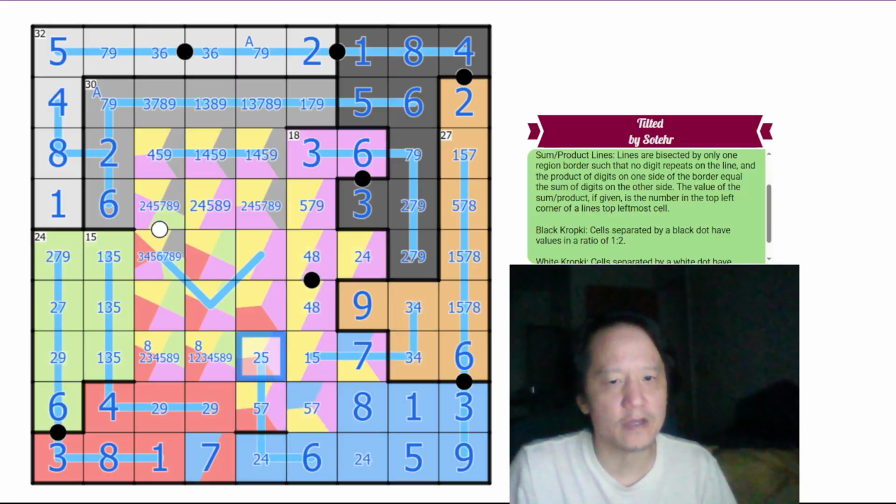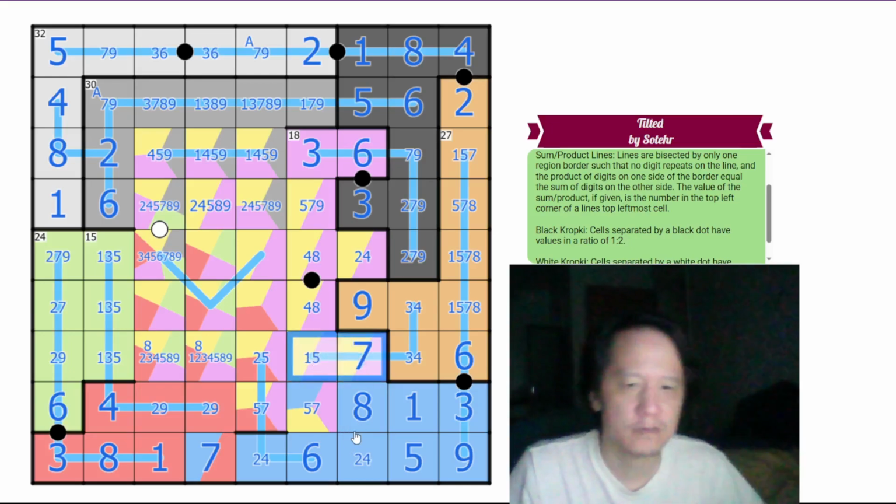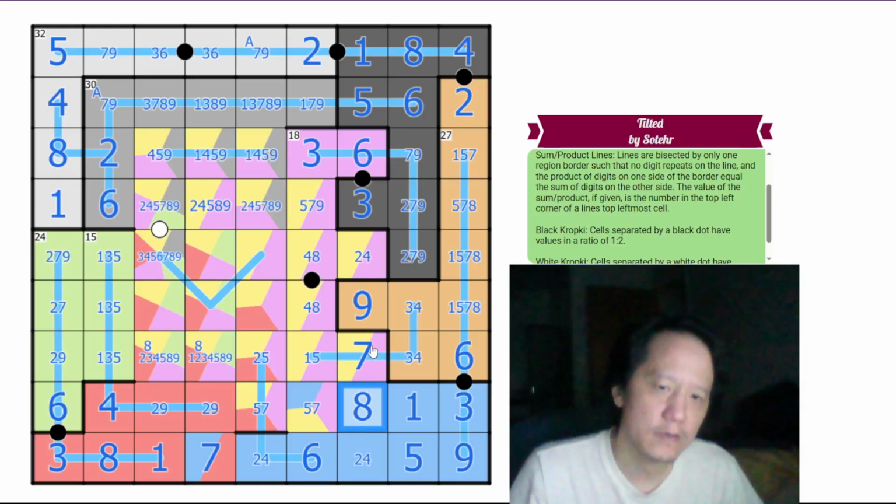Okay, one thing is... This can never be blue by itself, right? It has to be the same as this region. So this is a separate region here.